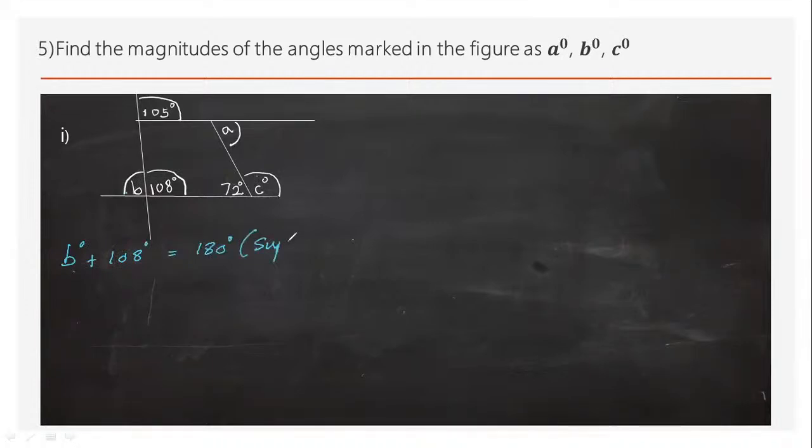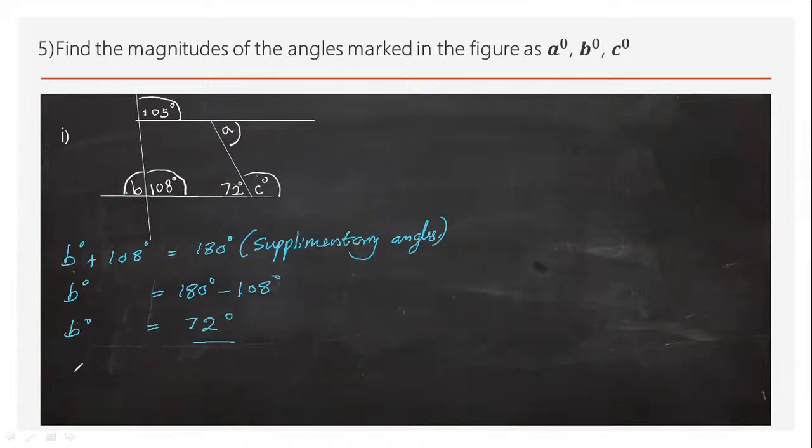Supplementary angles. You already know supplementary angles add up to 180. B equals 180 minus 108. B equals 72.